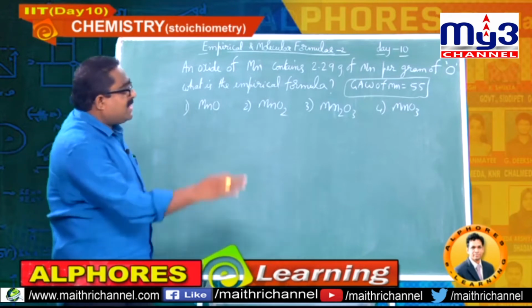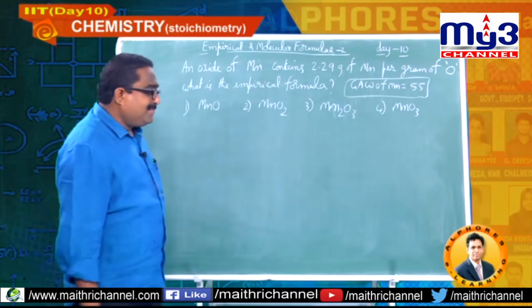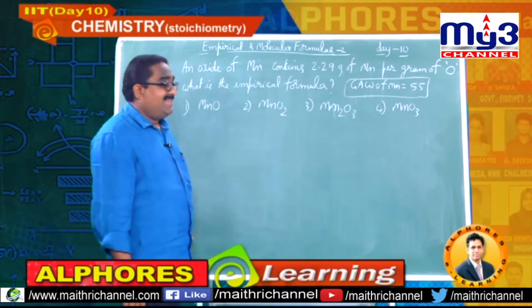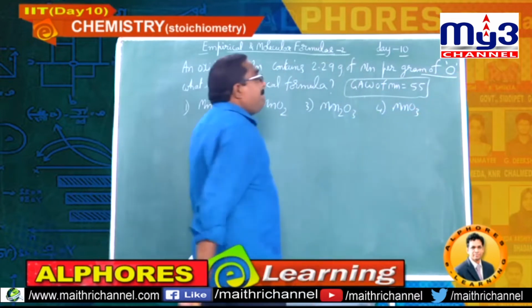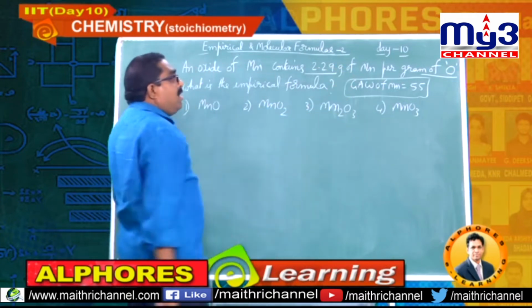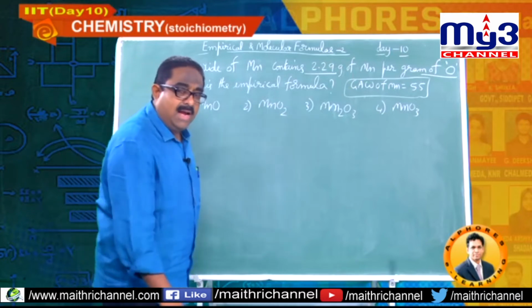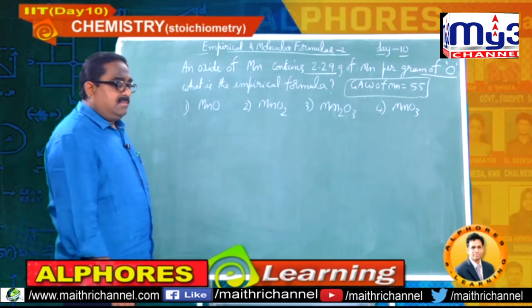So from the options side also we can go for a solution here. What exactly has he given in the question, students? For every 1 gram of oxygen, there should be almost 2.3 grams of manganese. That is the basic condition.